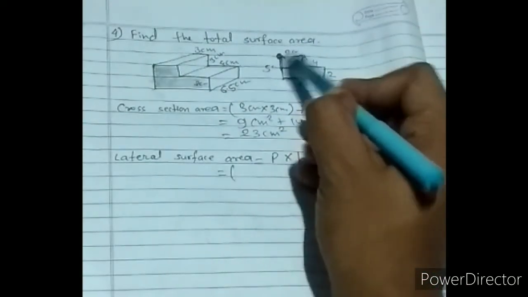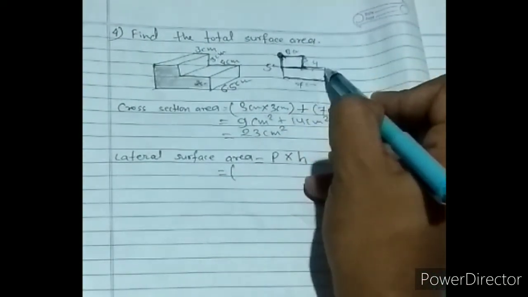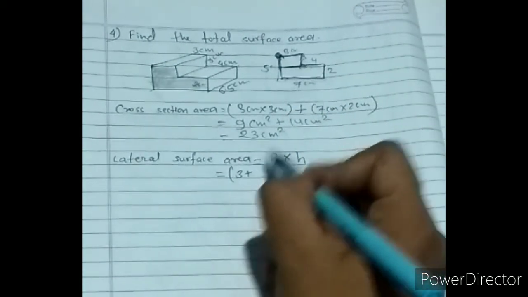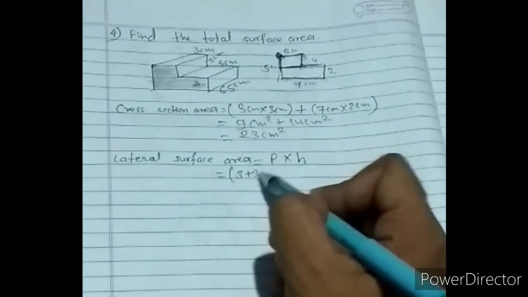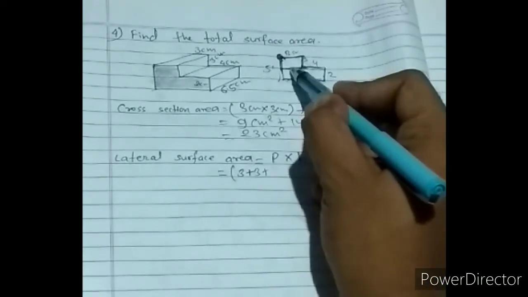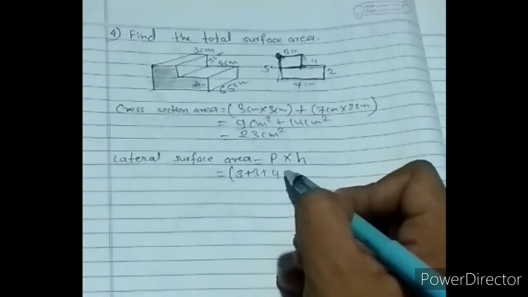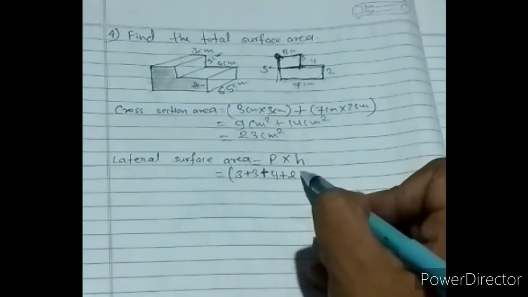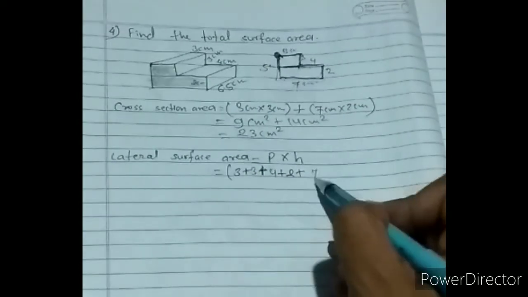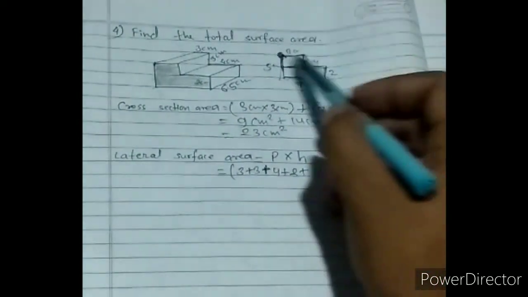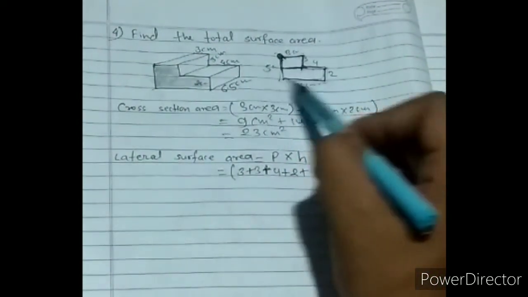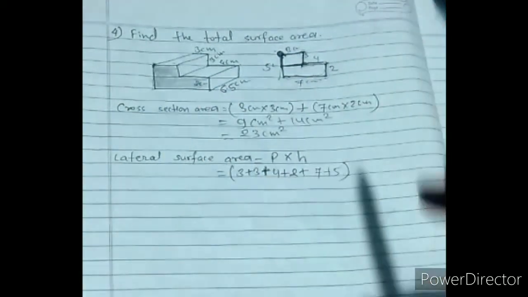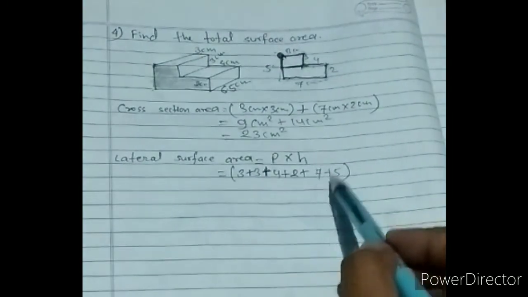Let's start from here. Then 3, 3, 4, 2, 7, 5. Outer part only. No need to add this. 3 plus 3 plus 4 plus 2 plus 7 plus 5. How many sides are there? 1, 2, 3, 4, 5, 6 sides.